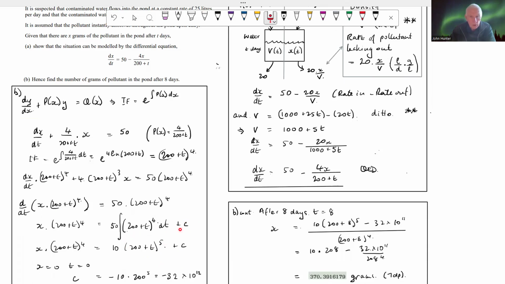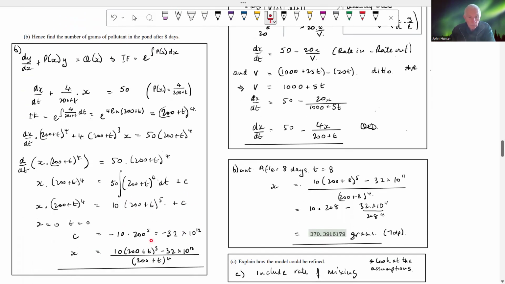Now we are also given indirectly this boundary condition: at time t equals 0, there is no pollutant in the pond. If we substitute those into our general solution, that gives us that c is equal to minus 32 times 10 to the power of 12.